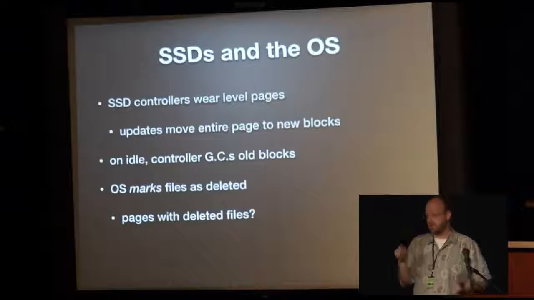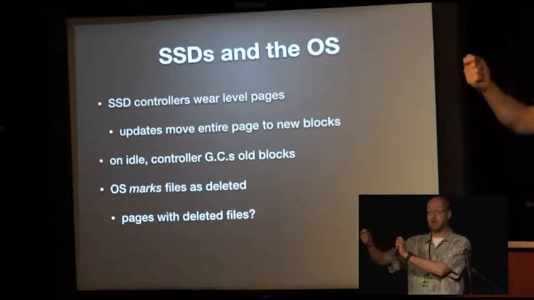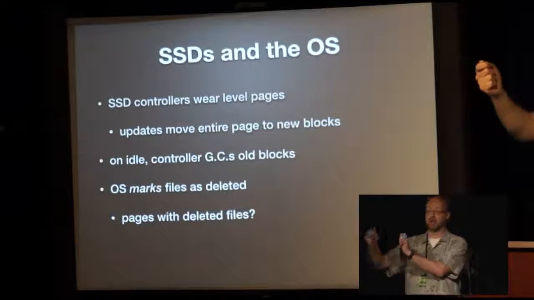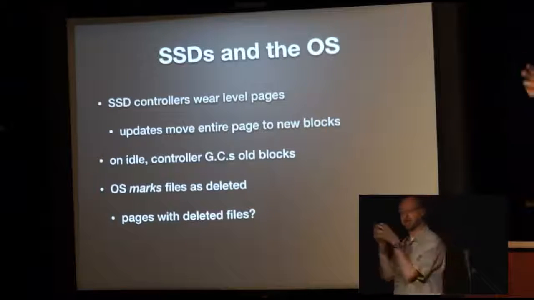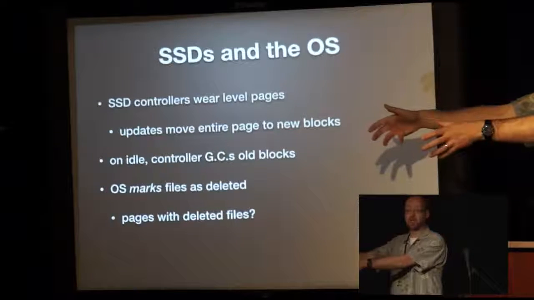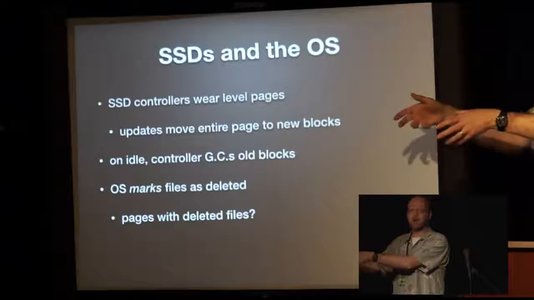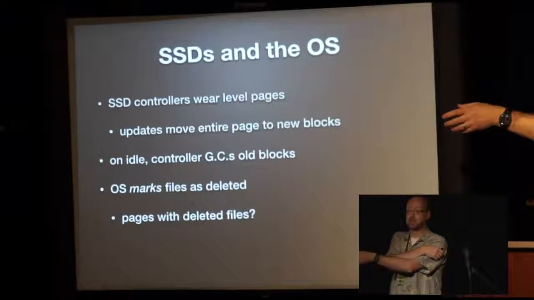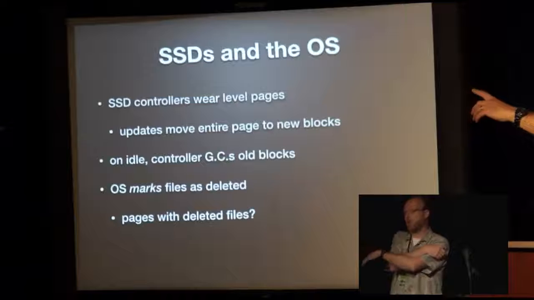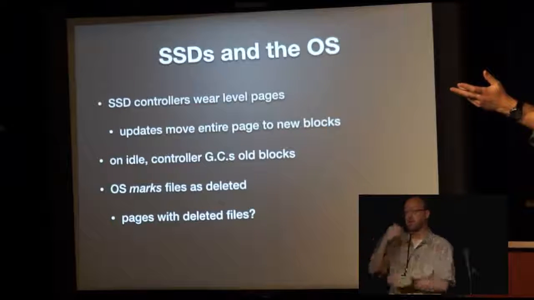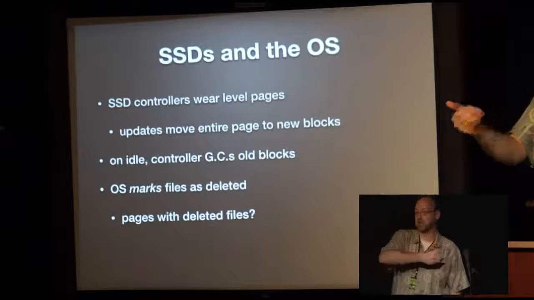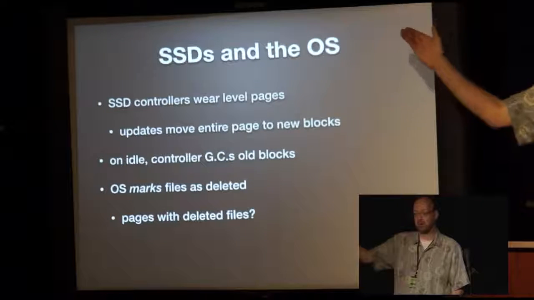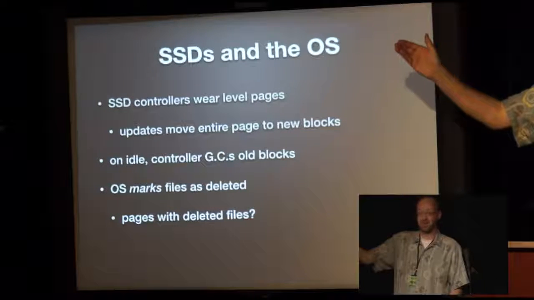If I modify a block of my page, and it does wear leveling for that modification, it copies the entire page out and puts the entire page in a new set of blocks, including all of the deleted files. So now not only do you have old data residing around, you have potentially multiple copies of deleted files scattered throughout your drive. Isn't that what we want?